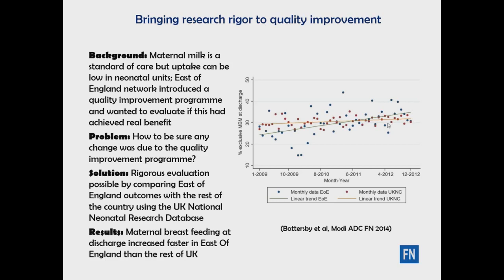And you can see that there is a difference in the slope of the lines, and this provides reasonable evidence that the care bundle was actually effective, and that it wasn't just background variation that was being picked up when they made their measurements of change in breastfeeding rates over that period of time.